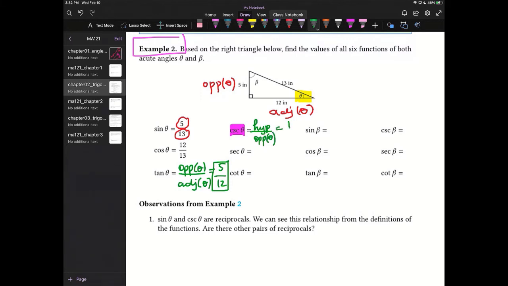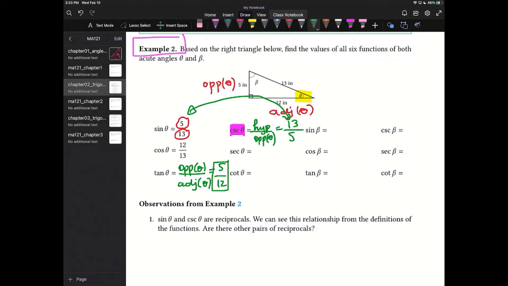The hypotenuse remains the same, no matter which angle I'm looking at, and that is 13. Opposite of angle theta is 5. If you compare the 2 fractions, one is the flip of the other.